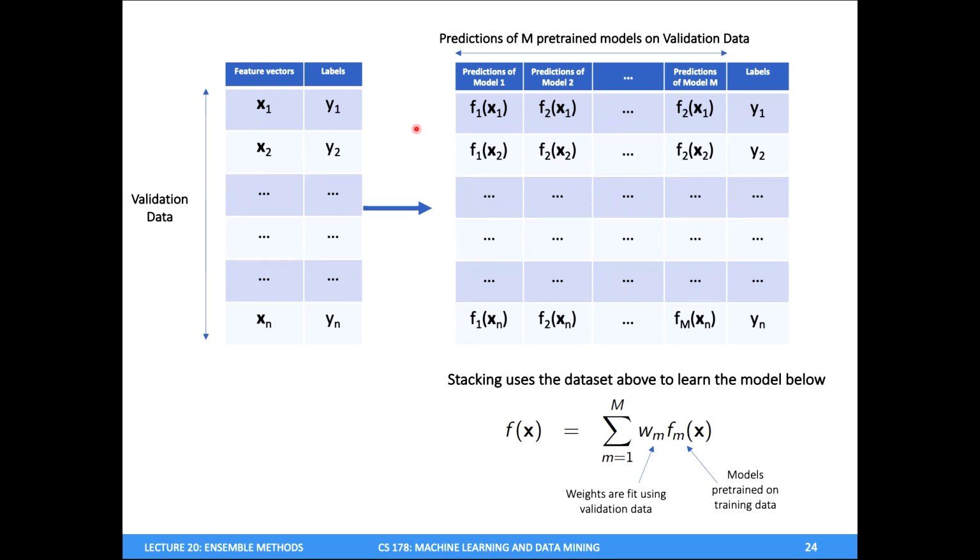Yeah, exactly. So to reiterate the question, why do we fit our stacking model only on the model predictions? Why don't we put the feature vectors also in this new data set we're creating? You can absolutely do that. Oftentimes this will get you slightly better performance, but at the cost of now having a much more difficult prediction problem.